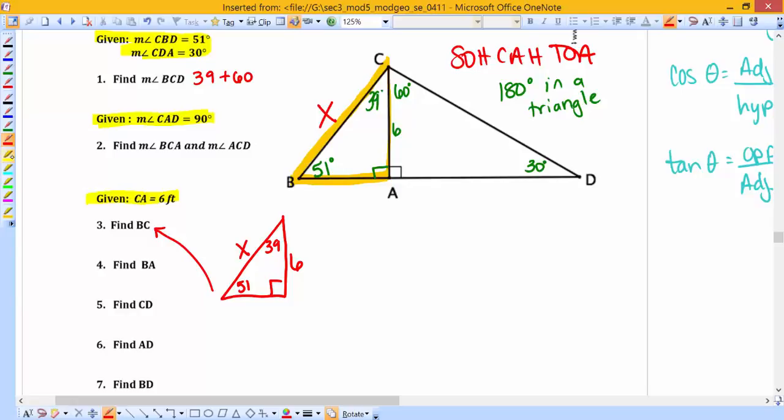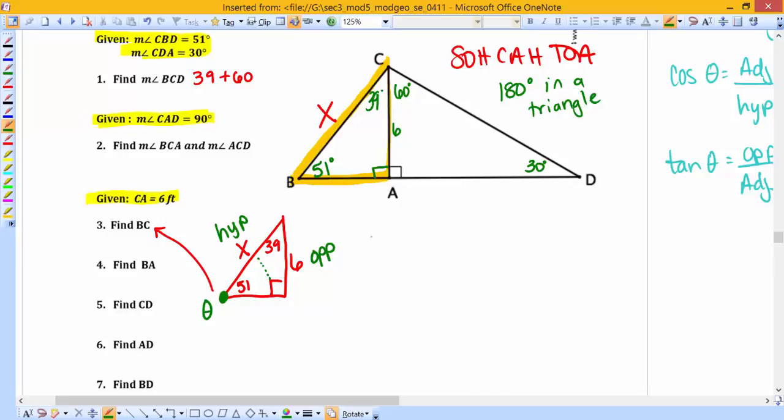I'm going to identify my theta. My theta, I'm going to use 51 degrees. So what is the hypotenuse? X is my hypotenuse because it's across from the right angle. And 6 is my opposite because it's across from the theta. It's on the other side.